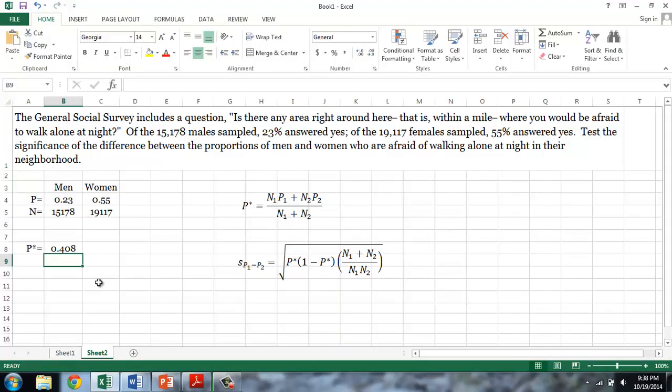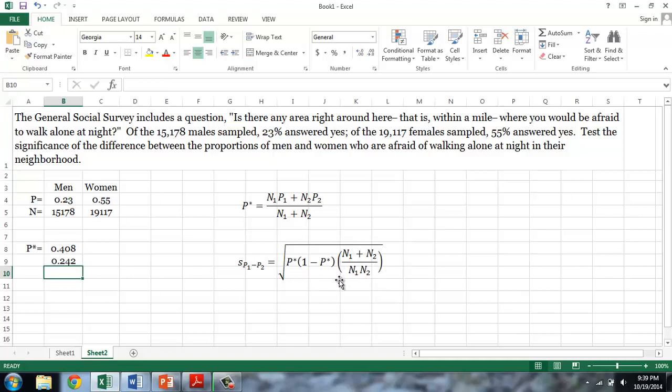As with the previous example, since the standard error formula is large, I will calculate it in parts. First, I'll calculate p star times 1 minus p star, which is equal to 0.408 times, in parentheses, 1 minus 0.408.